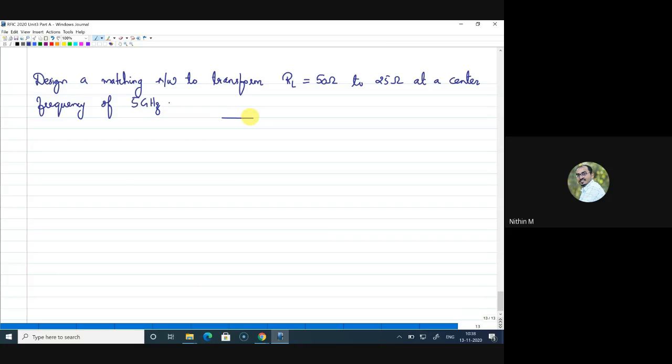Can you guys try this question? So do we have to assume a capacitance value?